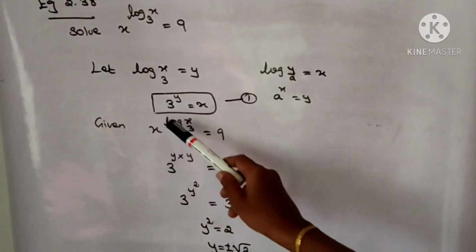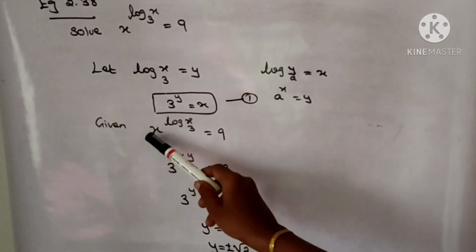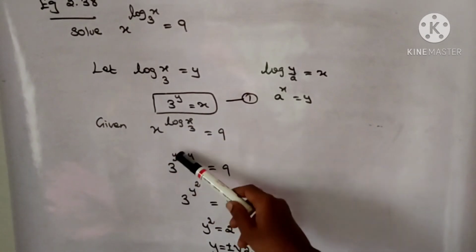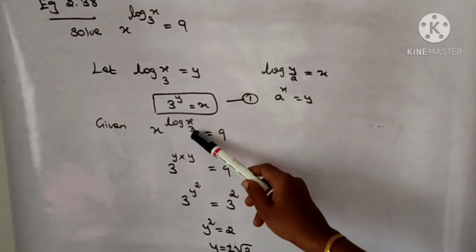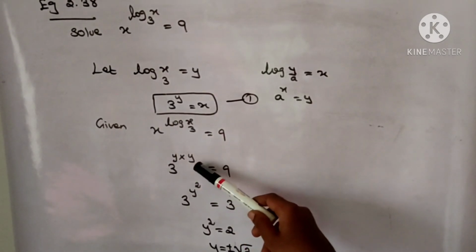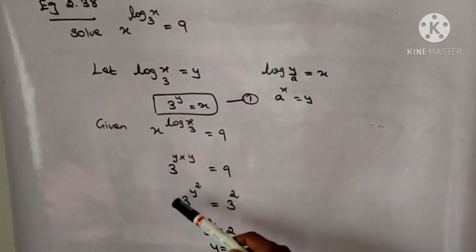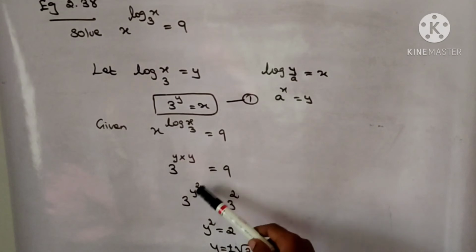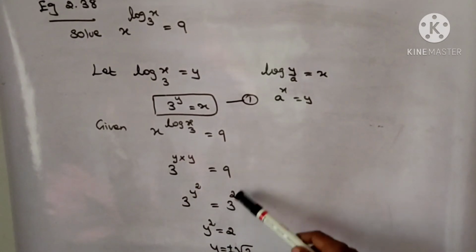Substitute this value in the question. So x power log x to the base 3 is equal to 9 implies in this x place we substitute 3 power y, and already you took y is equal to log x to the base 3. So 3 power y into y is equal to the right side value 9, and 3 power y into y is y square is equal to the right side also written in power form, 3 square.